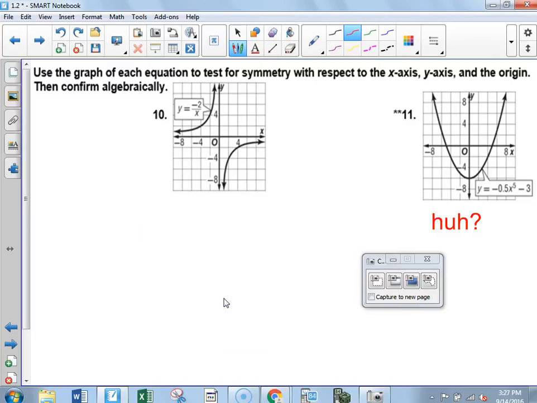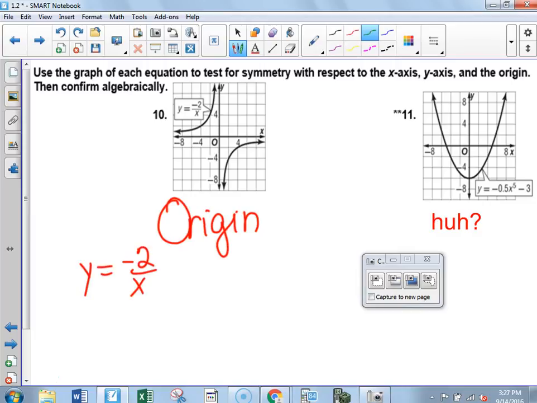Okay. It says to show that, oh, it doesn't say even or odd. We're not even supposed to be doing even or odd. It's the same thing, but what does it say at the top? Describe the symmetry. So I write what? Origin symmetry. Okay, confirm algebraically. What do we do for origin? Both. So this becomes negative y equals negative 2 over negative x.